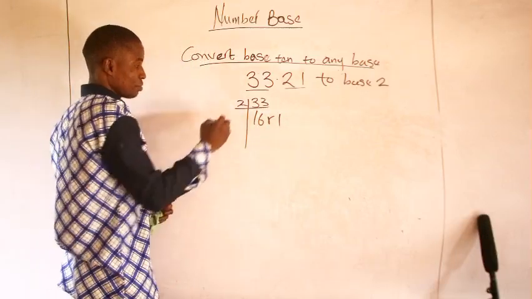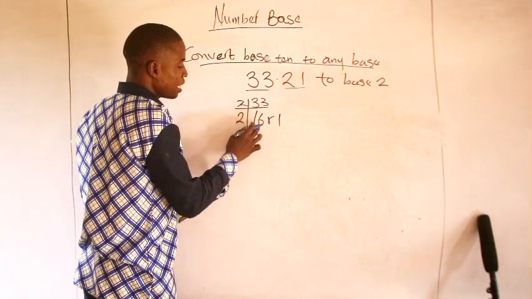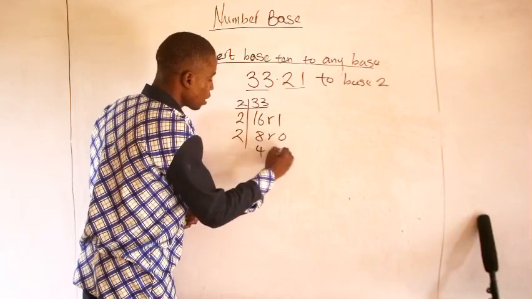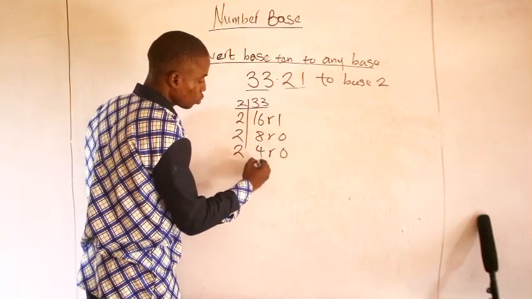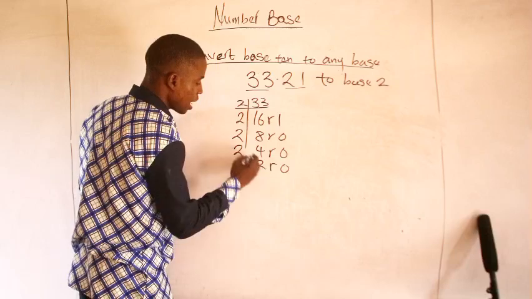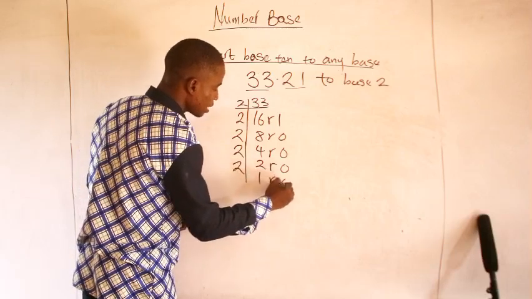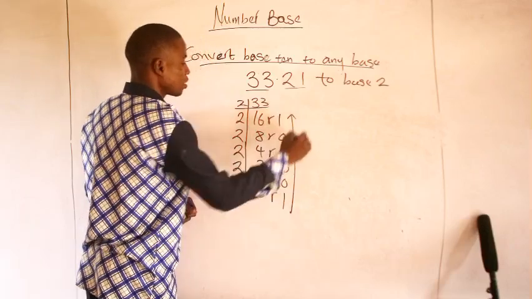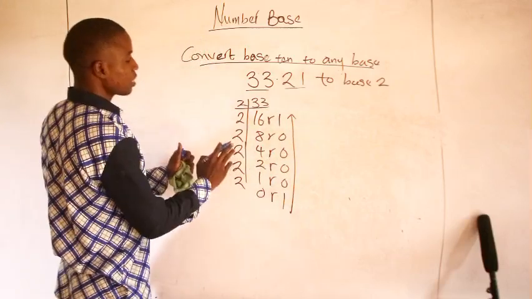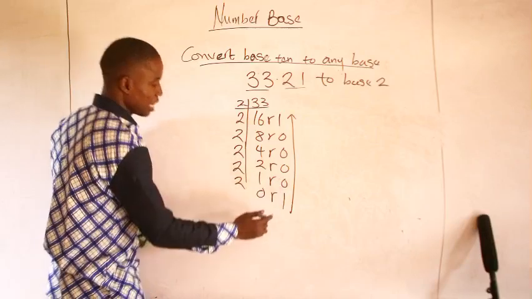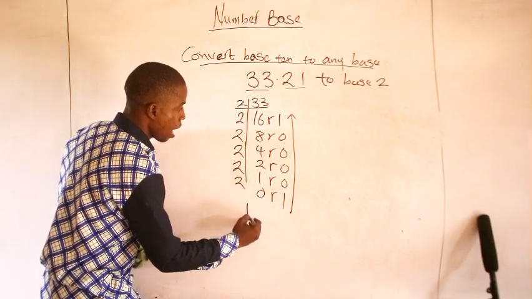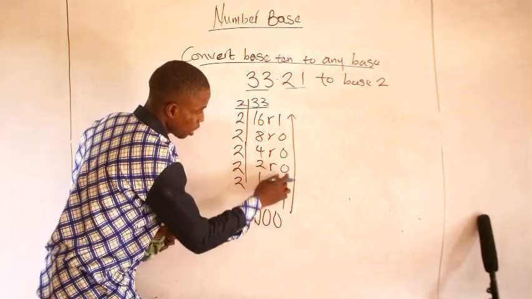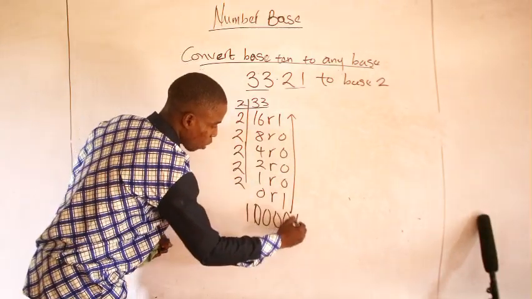Now 2 here, 8, remainder 0. 2 here, 4, remainder 0. 2 here, 2, remainder 0. 2 here, 1, remainder 0. 2 here, 0, remainder 1. Now, notice that our answer starts from the last remainder: 1, 0, 0, 0, 0, 1.